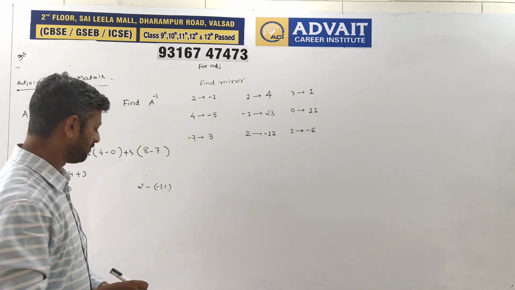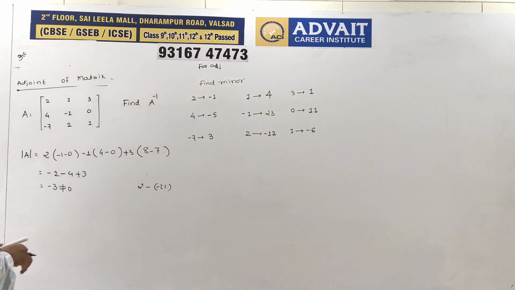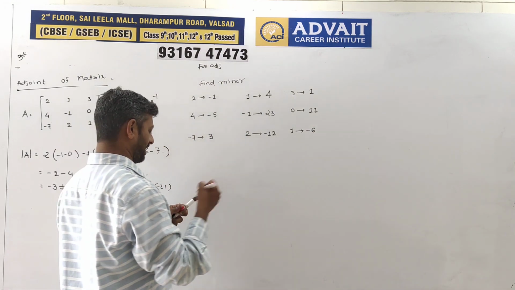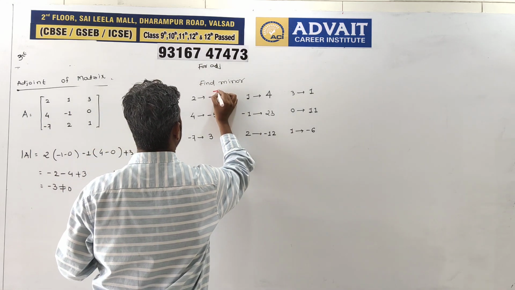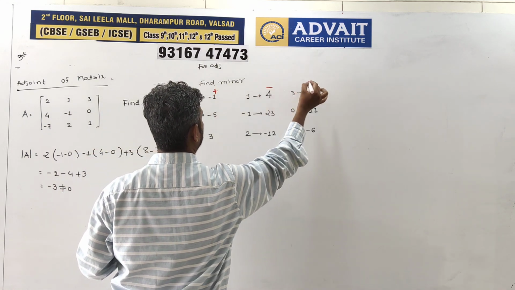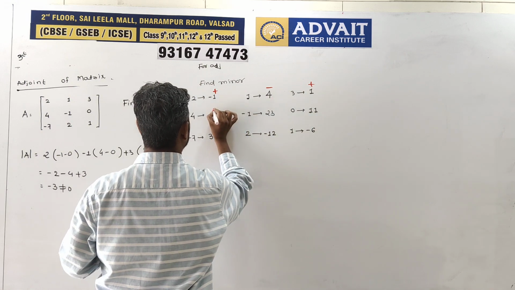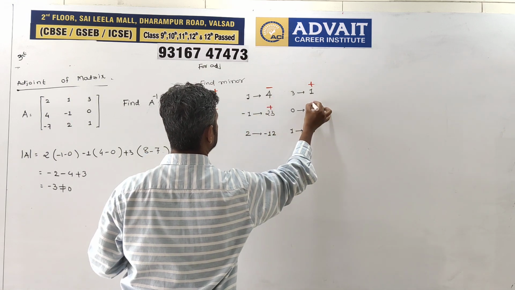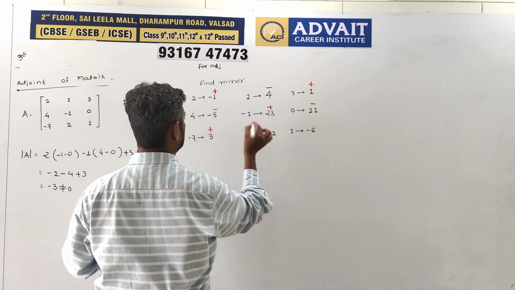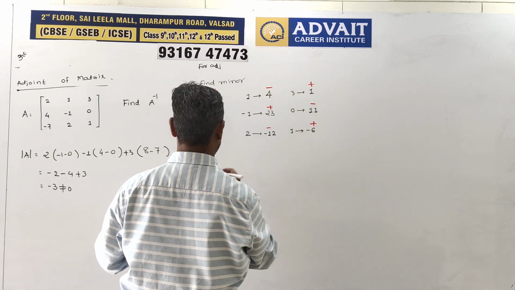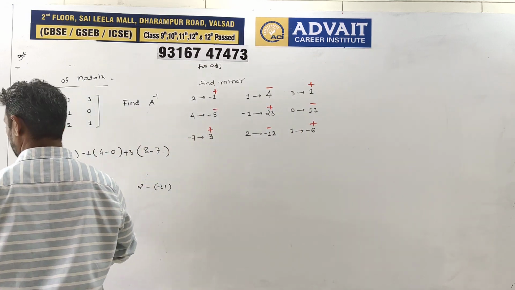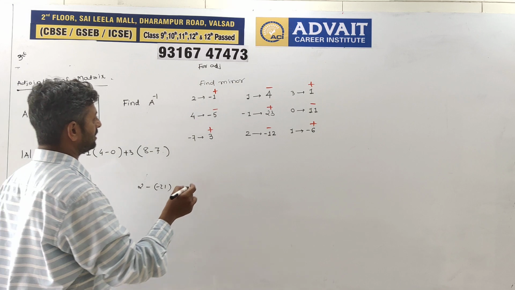This is your minor, and if you want the cofactor, then multiply by plus minus plus minus plus minus plus minus plus. So your cofactors are like this.